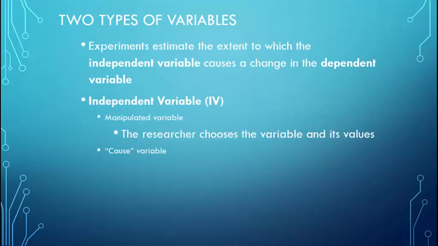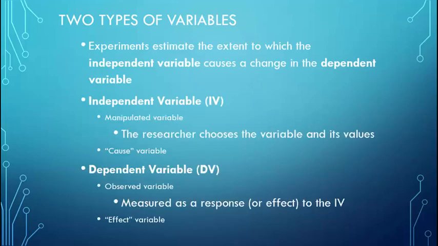There are two main types of variables, and you might remember these: an independent variable and a dependent variable. When you set up an experiment, you're looking at the extent to which our independent variable causes a change in the dependent variable. So what's our independent variable, or IV? We'll use that as our abbreviation throughout this class.